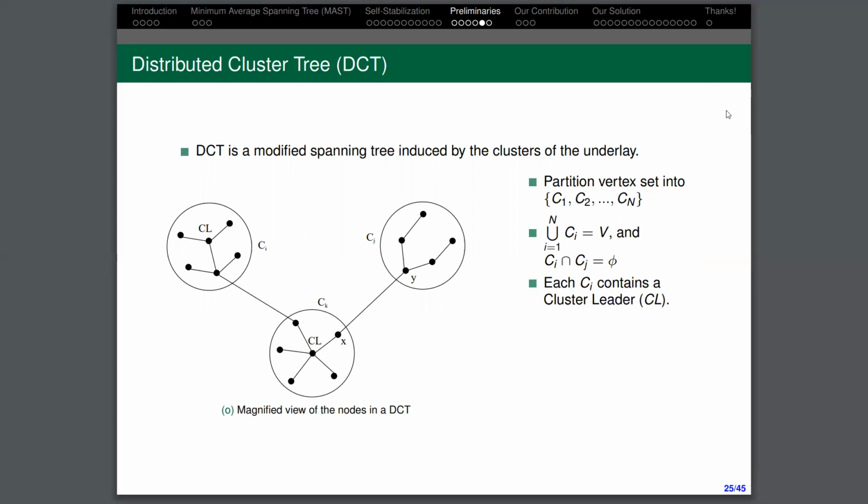We can also note that each cluster is abstracted as a single supervertex, and its magnified view is shown in the diagram here. So the path between nodes X and Y will possibly go through many intra and intercluster edges. So our main claim is that such a construction of DCT will be a low average stretch spanning tree.